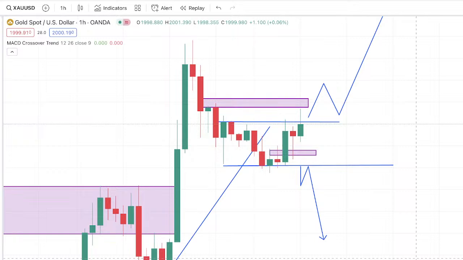In the hourly time frame there is still no confirmation that we're gonna go down completely.